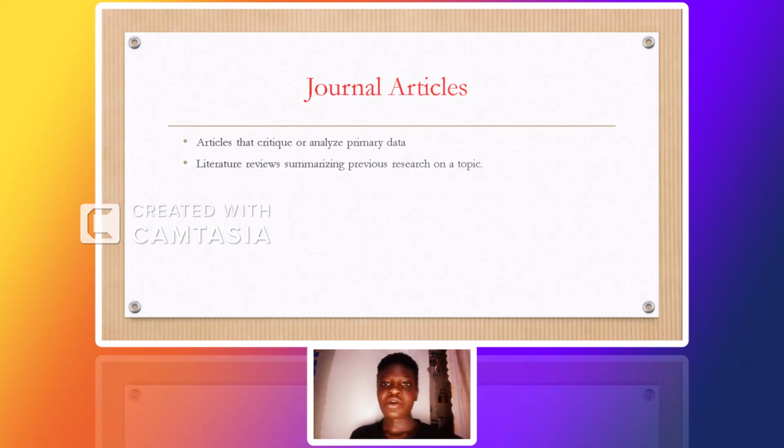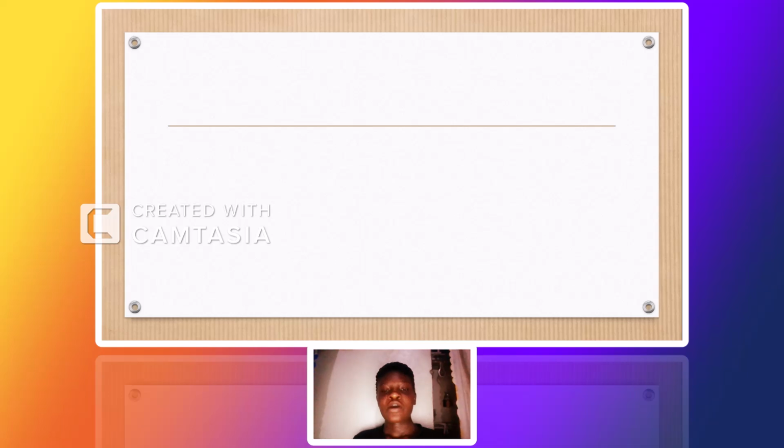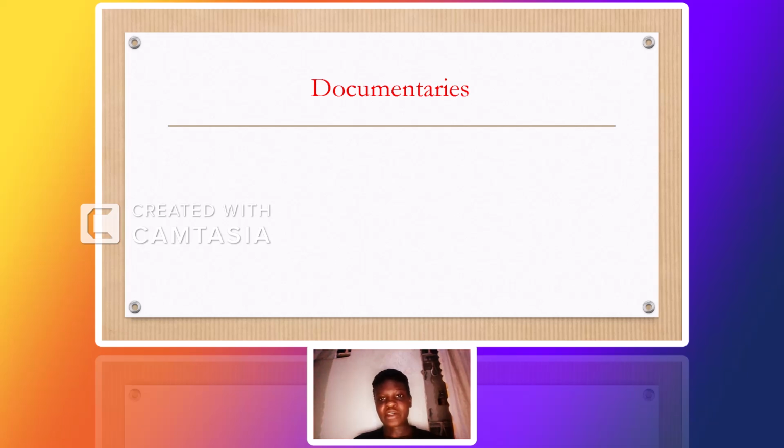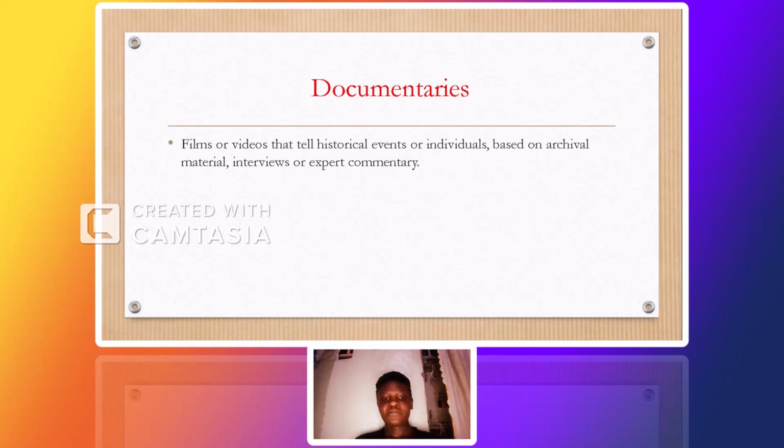Next we are going to look at another secondary source, that is documentaries. Documentaries might be films or videos that tell of historical events or individuals based on archival material, interviews, or expert commentary.